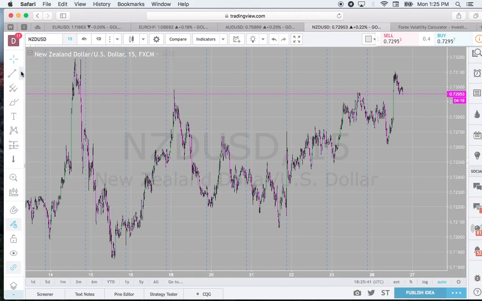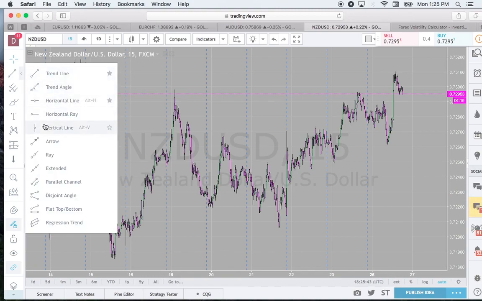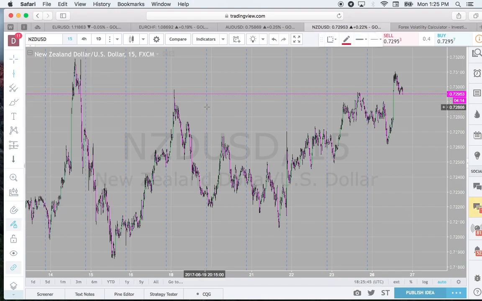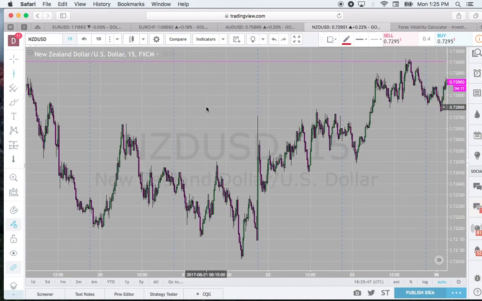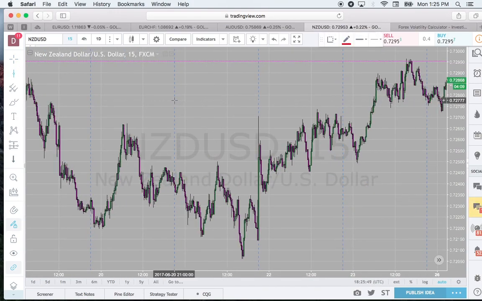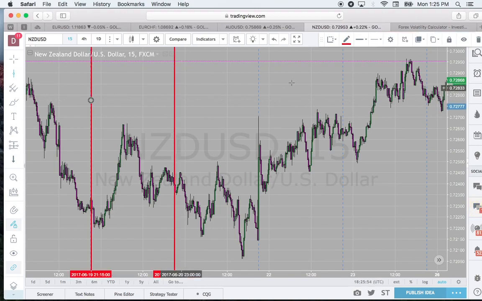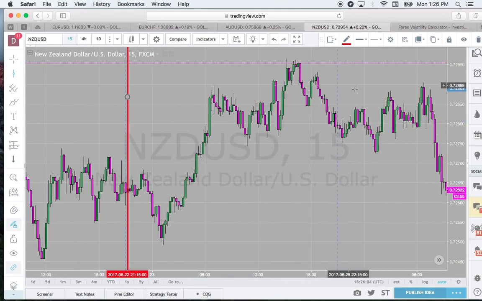Or, well, obviously for you it's different, but for me it's at 4 o'clock. What happens for you at session changeover? This blue line is technically in Forex considered the start of a new day, the start and end of a day. And it's also considered a session change.